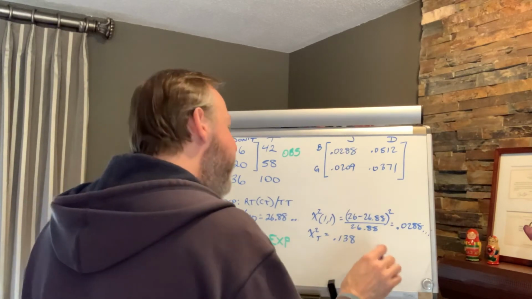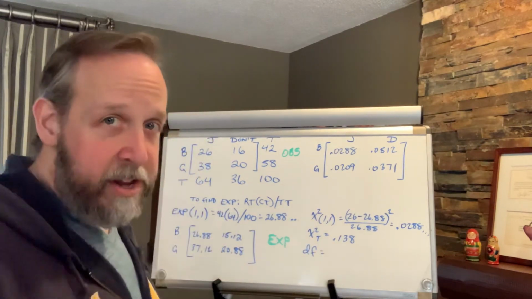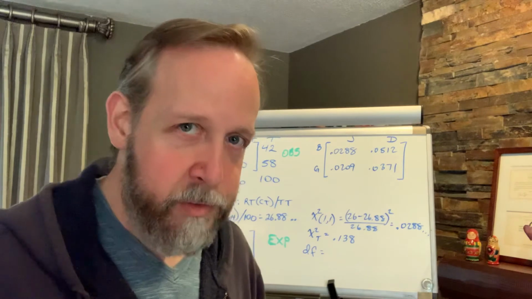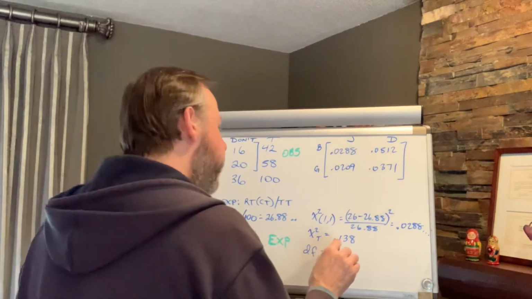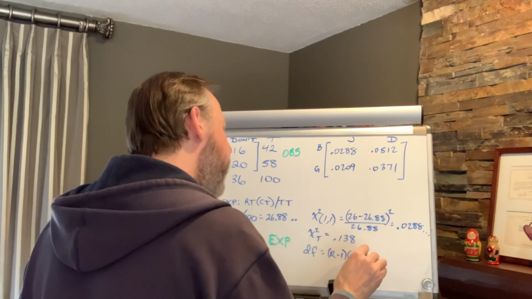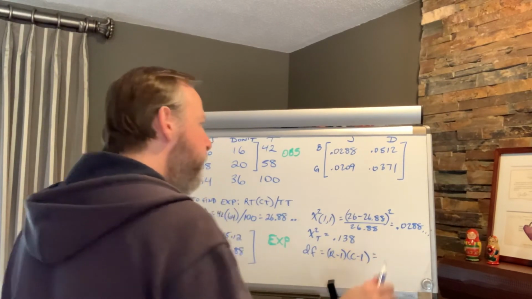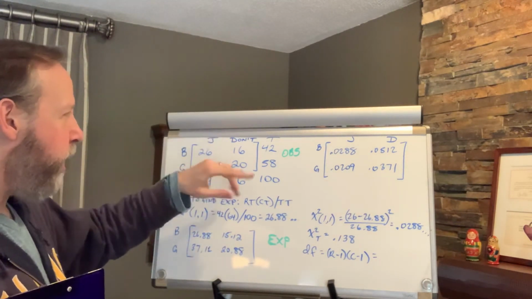My degrees of freedom. Here's another difference between this testing and goodness of fit testing. It's not the categories minus 1. It's actually a little different. It's the rows minus 1 times the columns minus 1. You see how we had these four values? There are 2 rows and 2 columns.